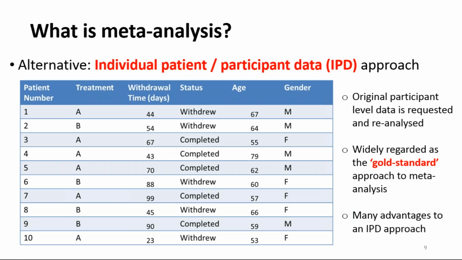This is just a table of data that I've completely made up, which has got a patient ID number, the treatment that they're on, some demographic information such as age and gender, and also some information here relating to an outcome. So here we're looking at how long someone was taking a drug for before they withdrew from it. And an IPD approach is widely regarded to be the gold standard approach to meta-analysis, as there are many advantages to this approach.